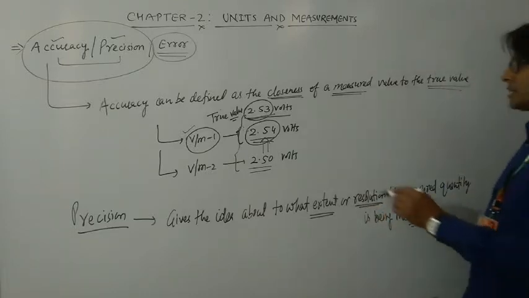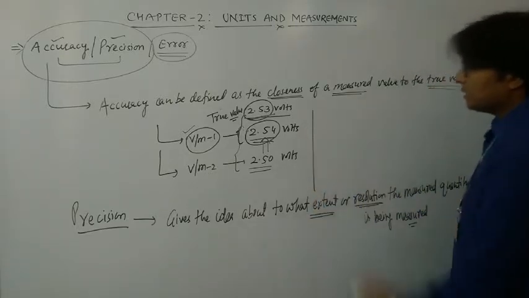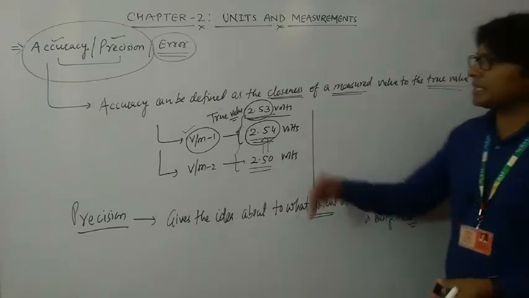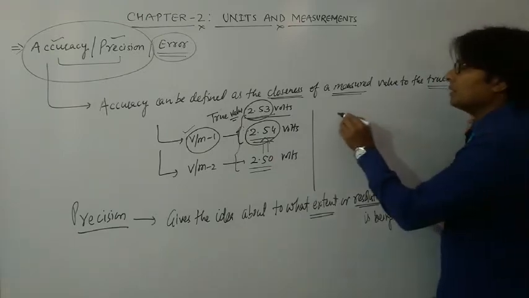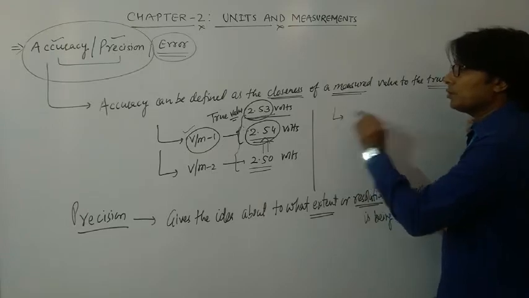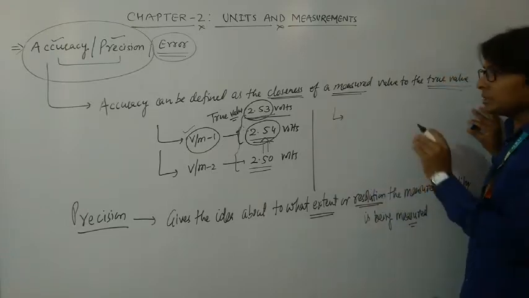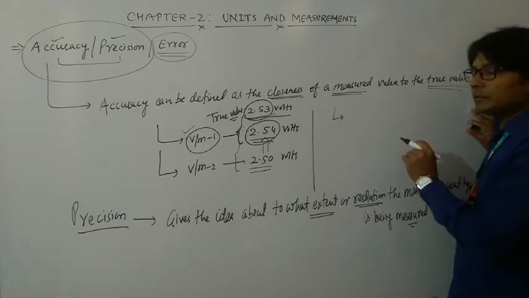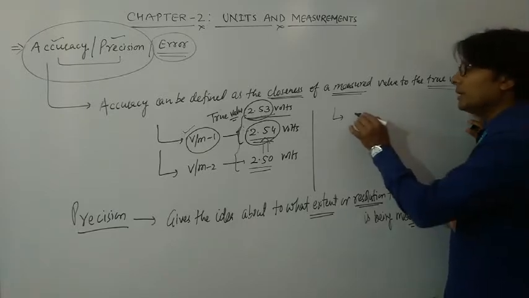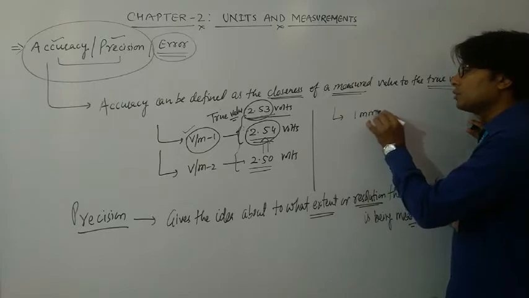For example, suppose I have a meter scale with which we can measure a minimum value of 1 mm, which is also known as least count.